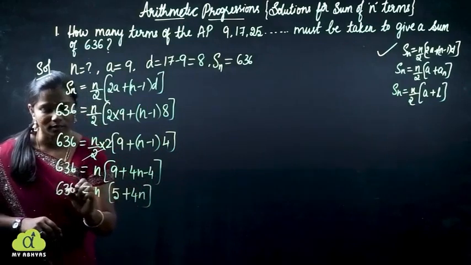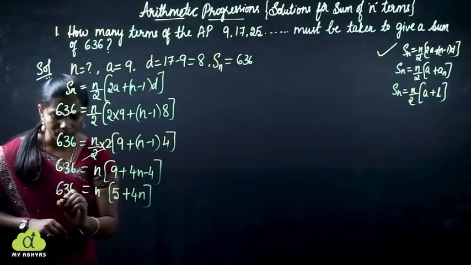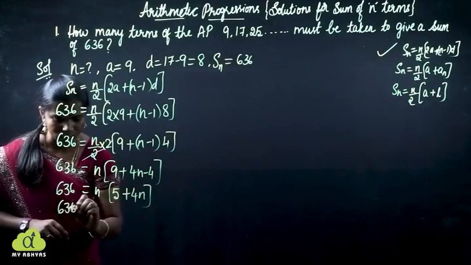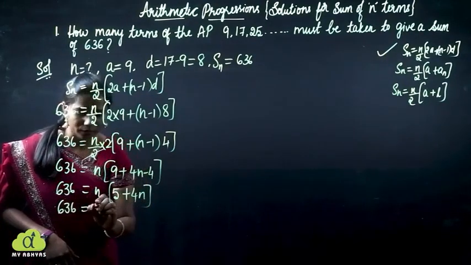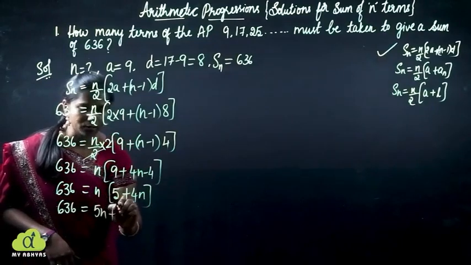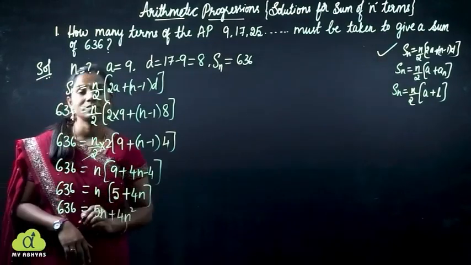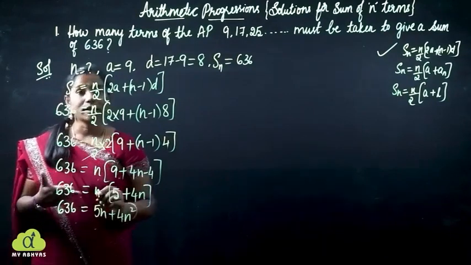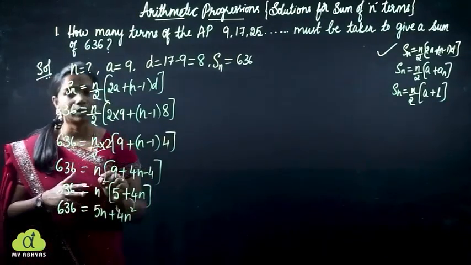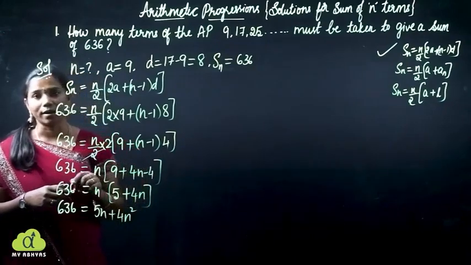Next, 636 as it is. Further, 636 is equal to, take this n inside, 5 into n plus 4n square. Now further we are going to get the equation in terms of n, which we call a quadratic equation.